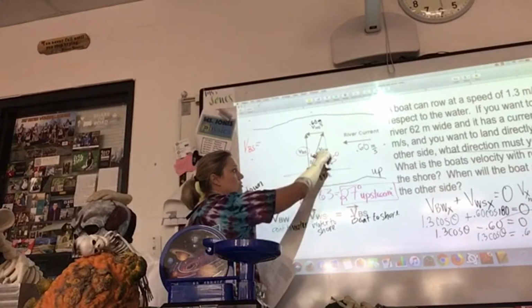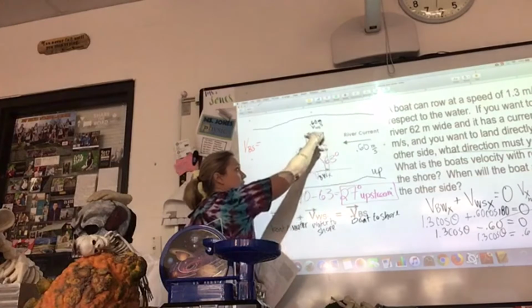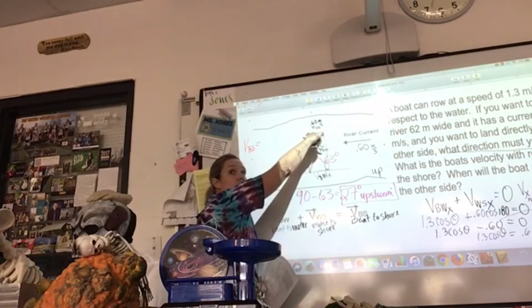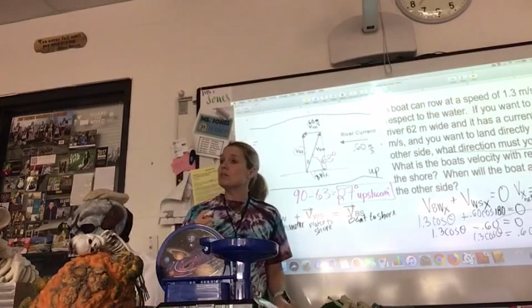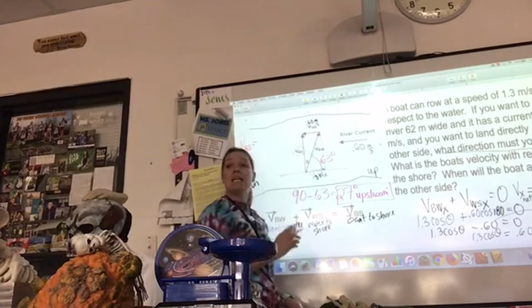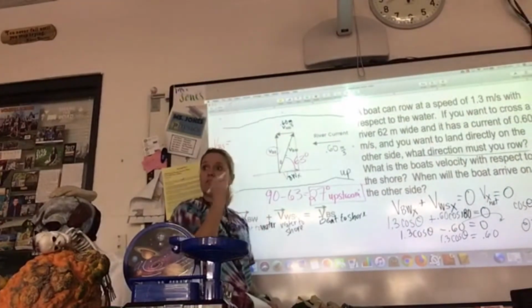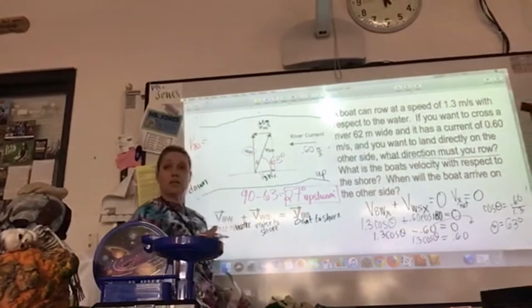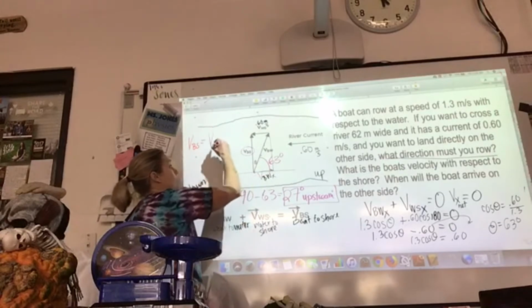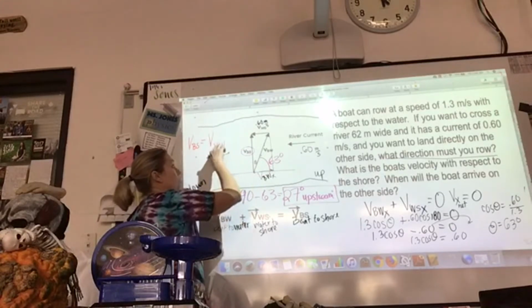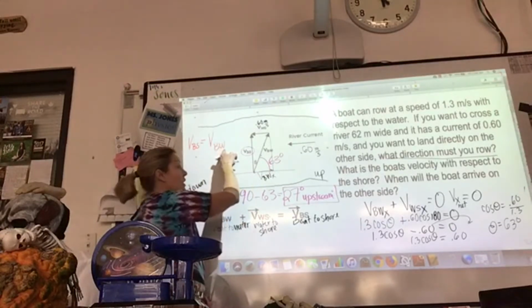Of this. Is this helping it get across? No. That has no y component. That's not doing anything to your velocity vertically. So what's the only thing lending to your vertical velocity? The boat with respect to water, which way?